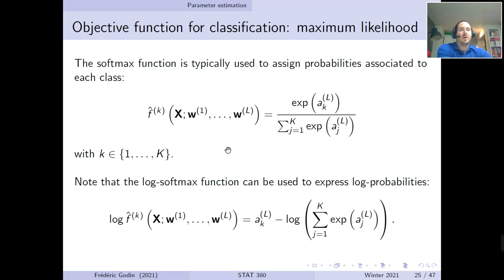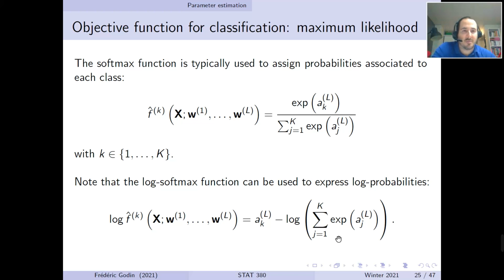Okay, so when this is the final prediction of the various probabilities, then the log, because we're considering not the outputs but rather the log outputs here, if you apply the log to this, it can be more conveniently expressed as a_k^L minus the log of that denominator.